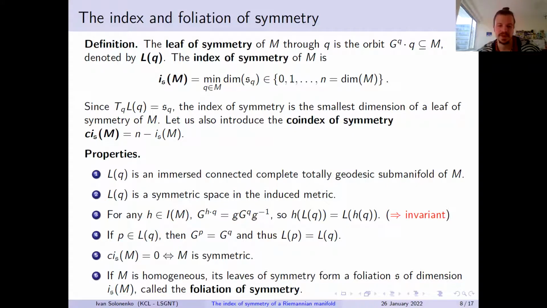What's nice in this situation is that your foliation of symmetry is a genuine foliation by leaves of the same dimension. Still, in general, it's hard. So you need to restrict to some classes of Riemannian homogeneous spaces or to some specific situations. I'm going to briefly remind the definitions for some subclasses of Riemannian homogeneous spaces for which it can be computed.